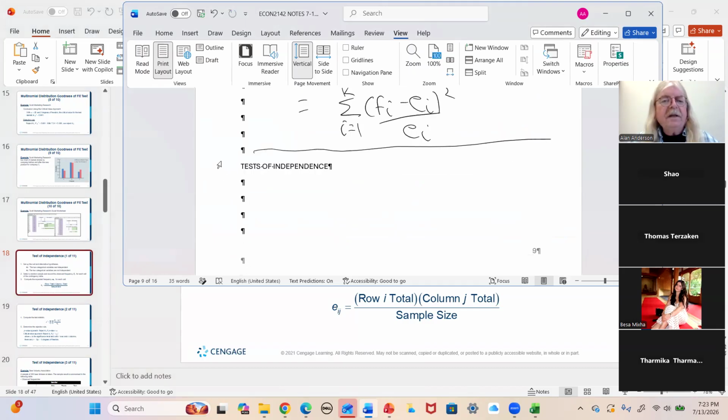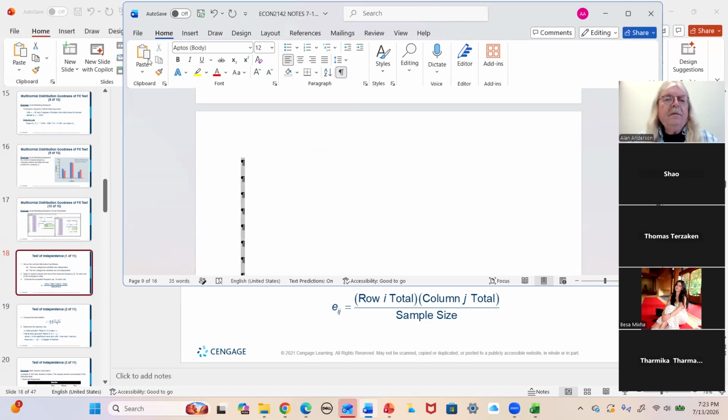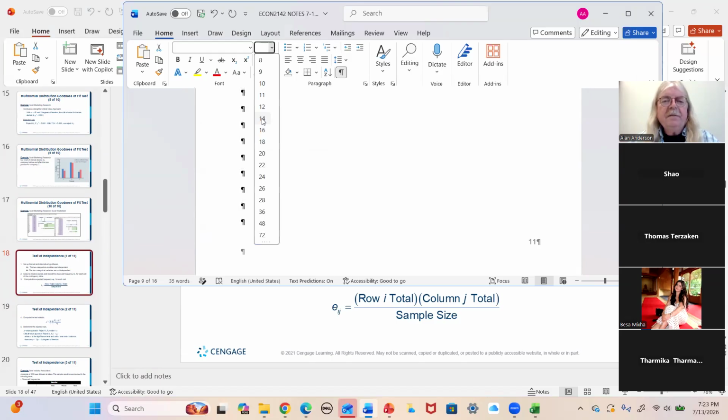Another application of the chi-square, by the way. So you've got a company, with whatever product they sell, they have to understand their demographics, the market that they're facing.